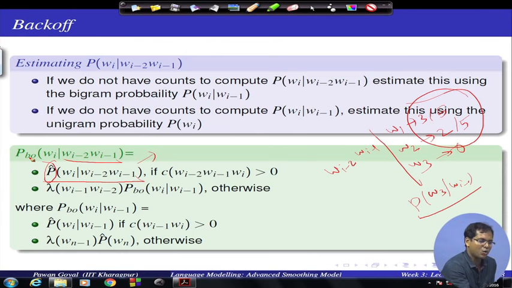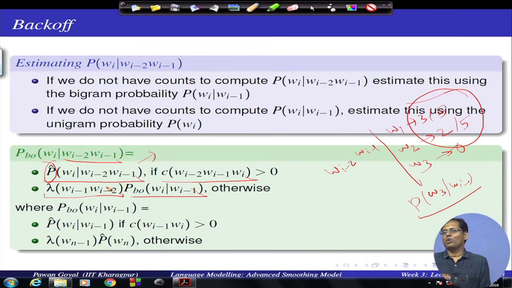Now if the count is greater than 0, I take p hat. If the count is equal to 0, then I have to back off to the bigram model. So I use the probability of wi given wi-1, and that's where I back off to this model. What is interesting is that this is a recursive definition. I am using the Backoff probability of wi given wi-1, and multiplying with some constant again to ensure that the probability mass adds up to 1.